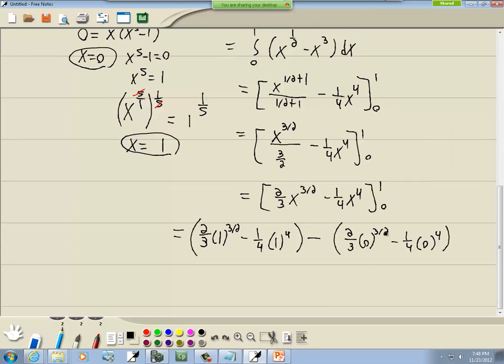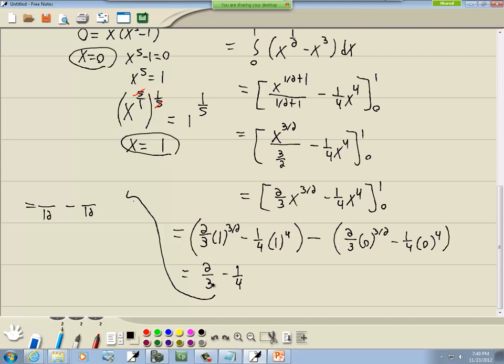Well, 0 to the 3/2 is 0 times 2/3 is 0. 0 to the 4th is 0 times 1/4 is 0. So all that drops away. Now 1 to any power is 1. So this becomes 2/3 minus 1/4. I get a common denominator, which would be 12.